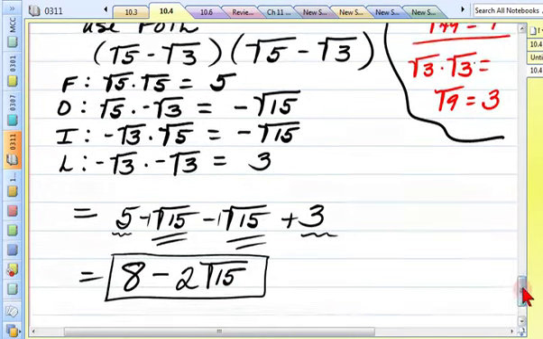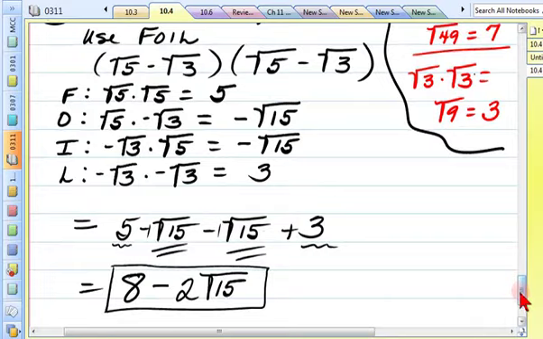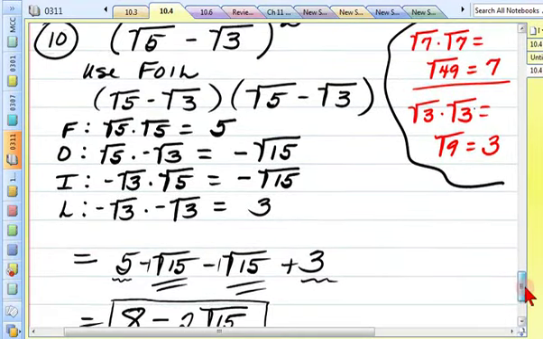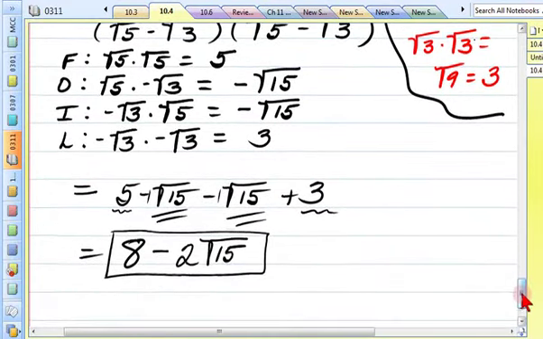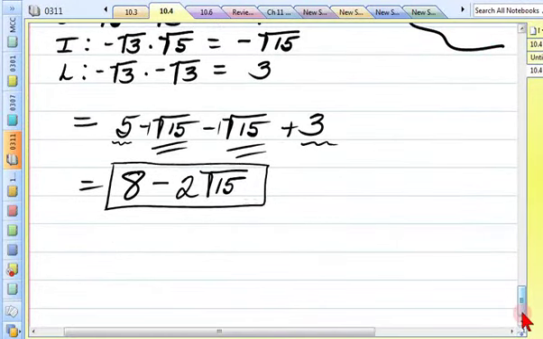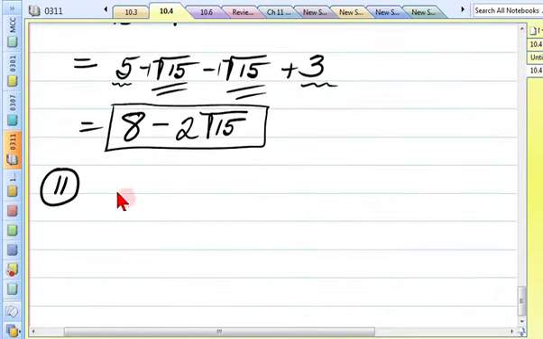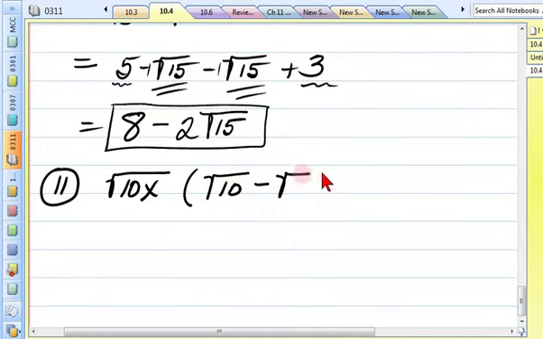All right. So in that one problem, I reviewed some FOIL, talked about what it is like to multiply radicals. All right, let's look at 11. It says to multiply the square root of 10x times the square root of 10 minus the square root of x.